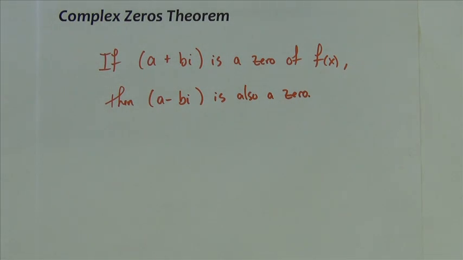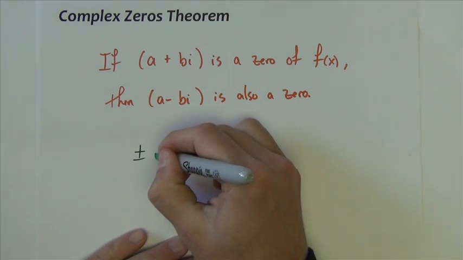In other words, complex zeros of polynomial functions always come in plus minus pairs. Okay? They always come in plus minus pairs.